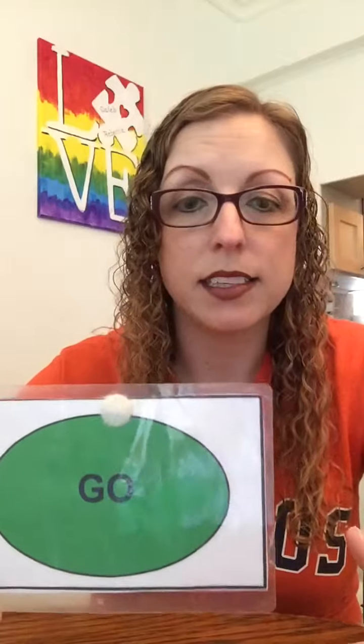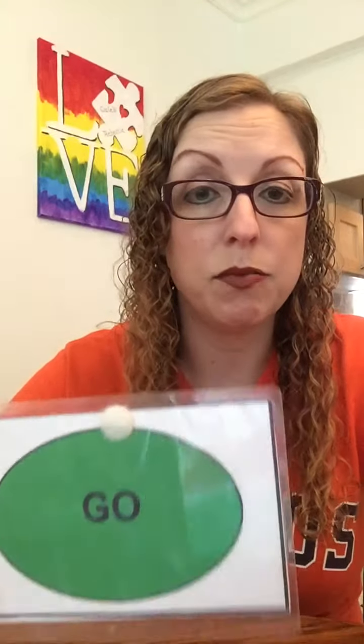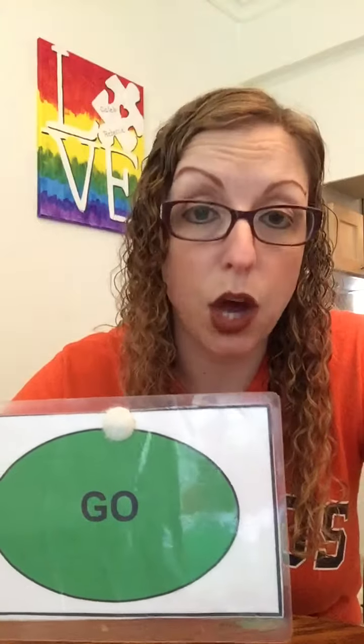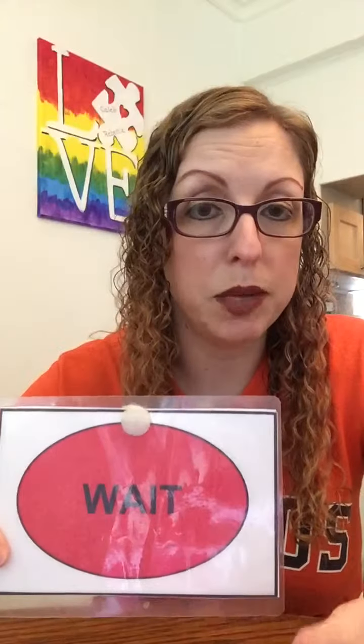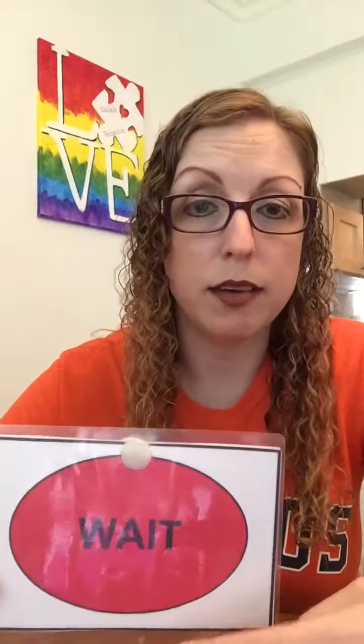So board games and card games are really great tools for teaching some social interaction. And so you could use something like this for when it's an individual's turn to go or when it's time for them to wait. And so it helps to teach some impulse control. It helps to teach social etiquette when it's their turn to go or they need to wait before they take their turn, that kind of thing. So those kinds of visuals are really good.